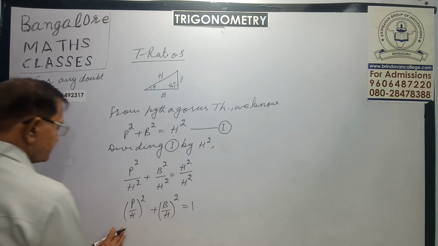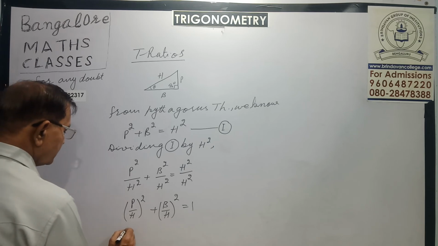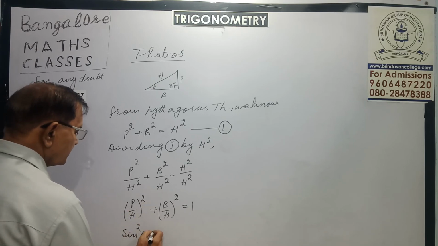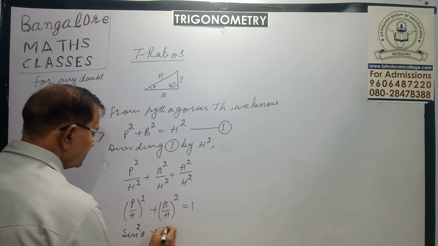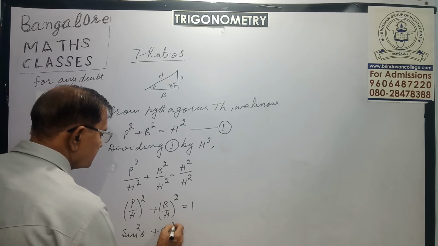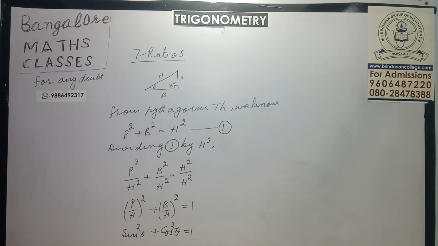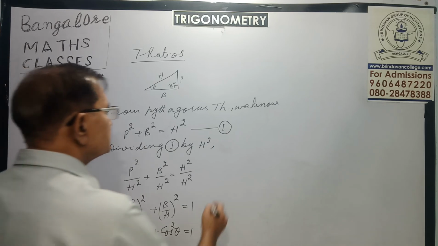And P by H we have done already is sine, thus it is sine square theta. B by H is cos, cos square theta equals 1. So the first identity of trigonometry: sine square theta plus cos square theta equals 1.